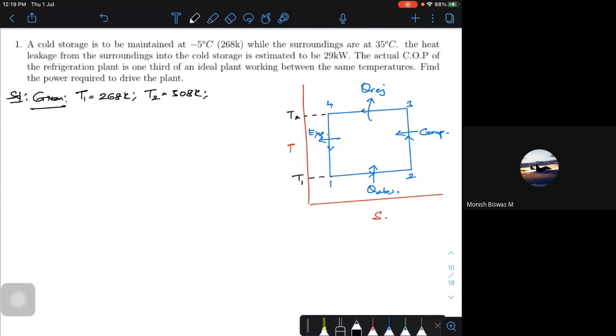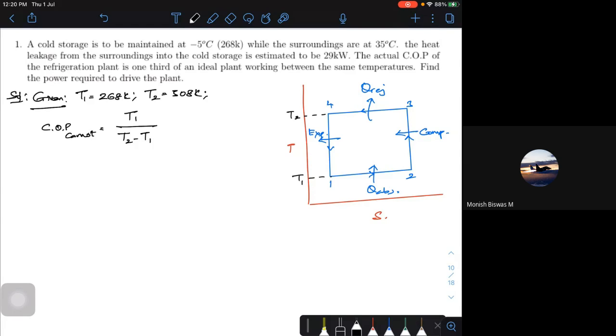Okay, COP of this Carnot. We all know that the COP or efficiency of any Carnot engine is based on temperatures. Similarly here, the COP of Carnot goes with the temperatures: lower temperature divided by higher temperature minus lower temperature.